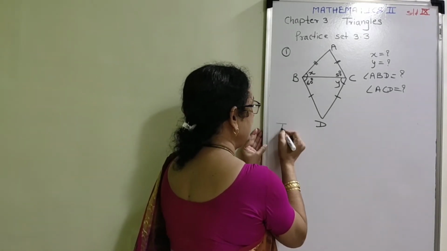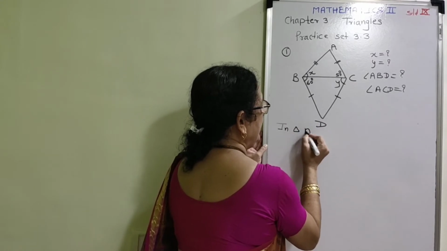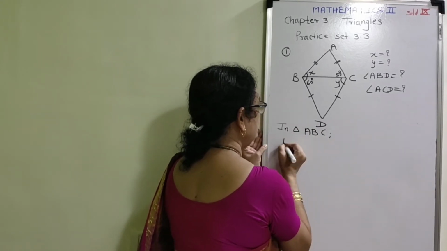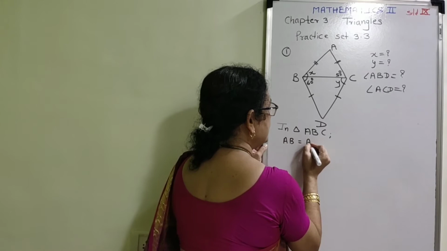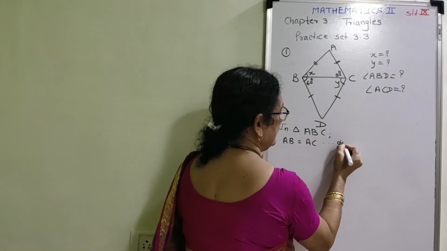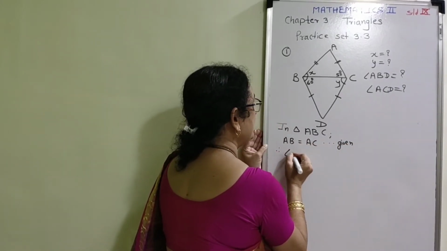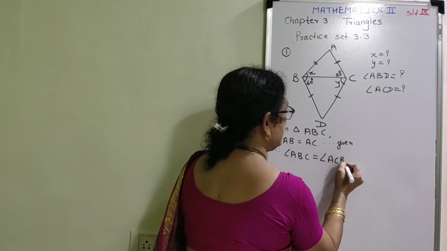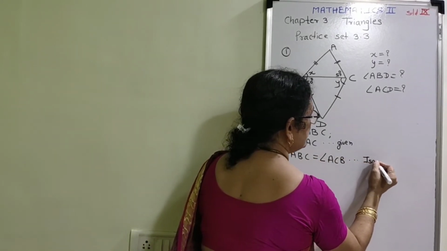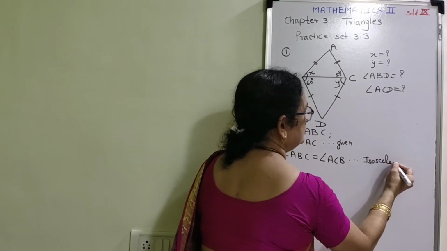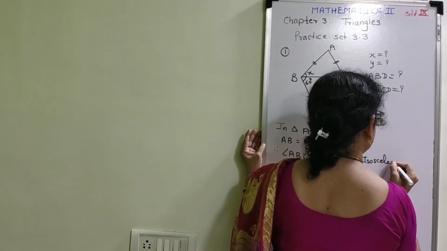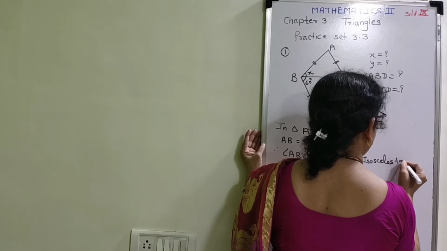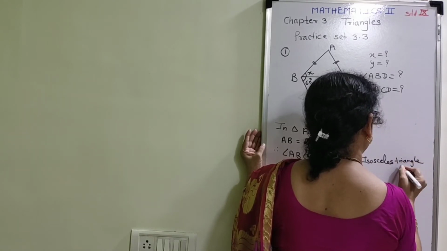How to write? In triangle ABC, AB is equal to AC, given. Therefore, angle ABC is equal to angle ACB by the isosceles triangle theorem.